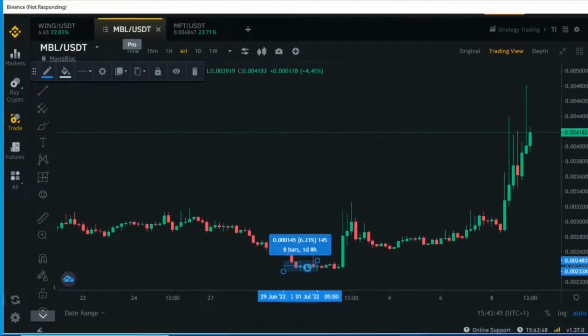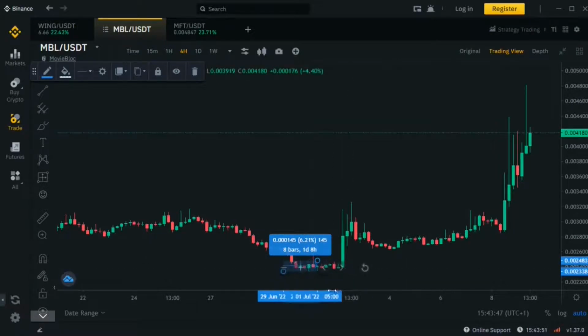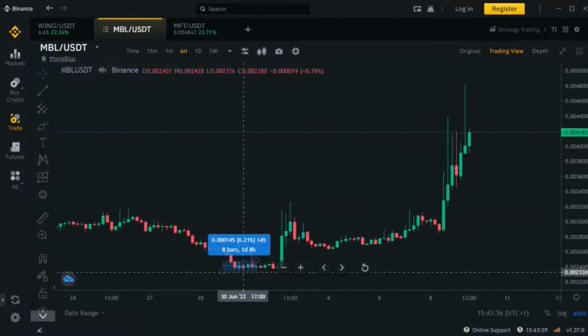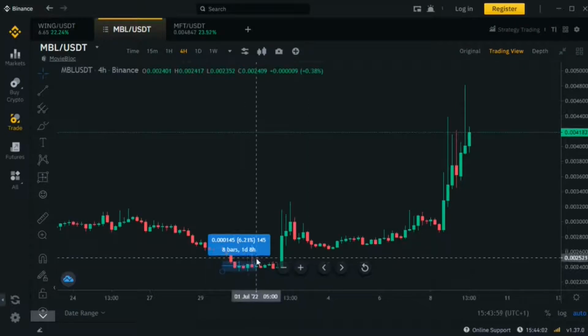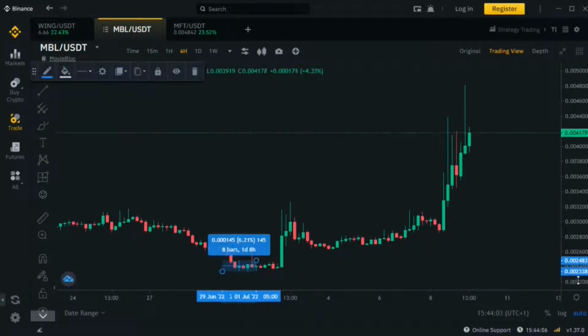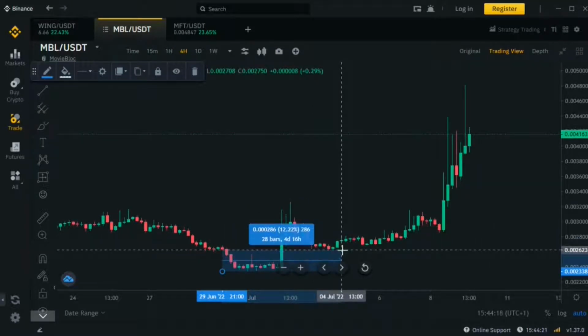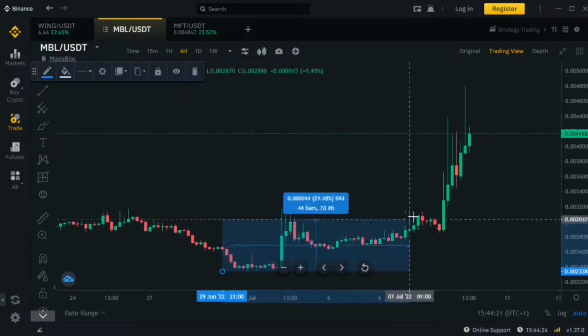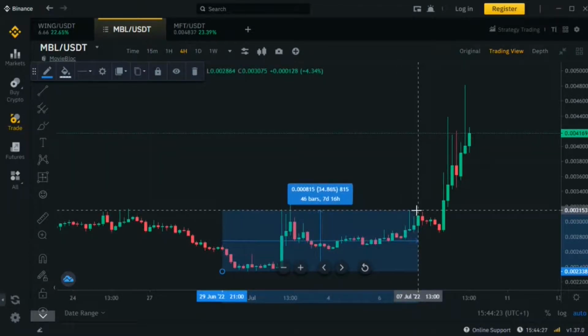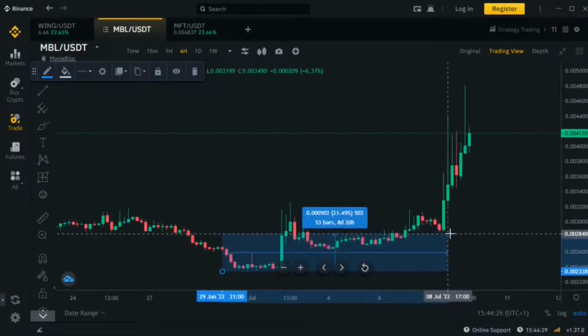The most current bullish trend section of the MBLUSDT cryptocurrency pair started from the lowest price of this green candlestick bullish trend starter, which is 0.00233 microcent, and bounced up by 38%, and then dipped back down to 12.22%, and then bounced up again by 34%, and then dipped back down to 21%.